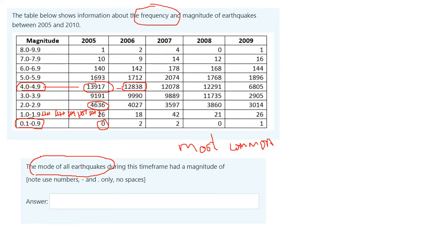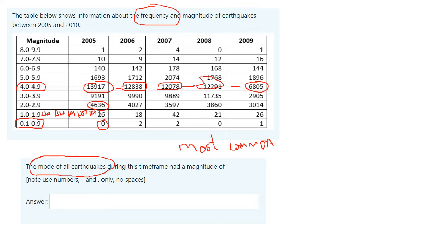In 2007, also, the highest number is 4 to 4.9. 2008, numbers are very close. We have 12,000 and 11,000, but it is still 4 to 4.9. And 2009, there's a lot less earthquakes, but most of the earthquakes are still between 4 and 4.9.